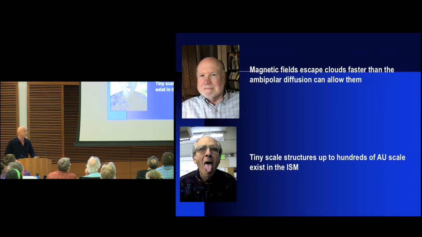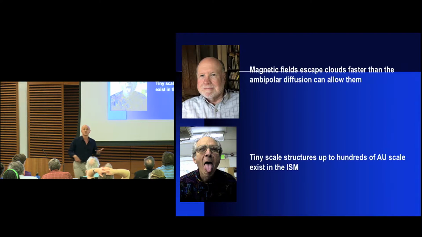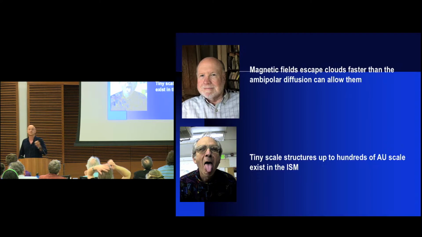So I will try to address these questions of Dick, how magnetic fields can escape while ambipolar diffusion will not allow them to escape, and we'll talk briefly about how we can create structures of hundreds of AU scale, which will have really significant gas pressure excess.